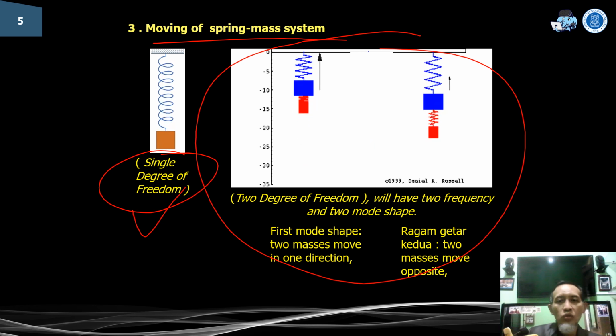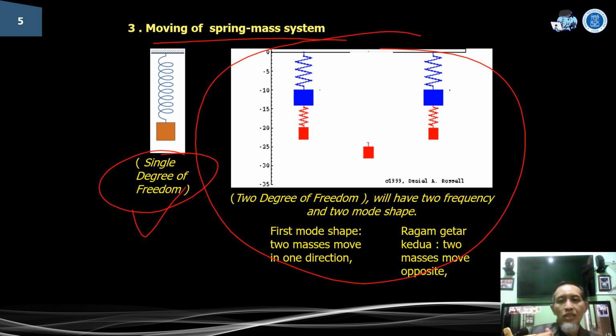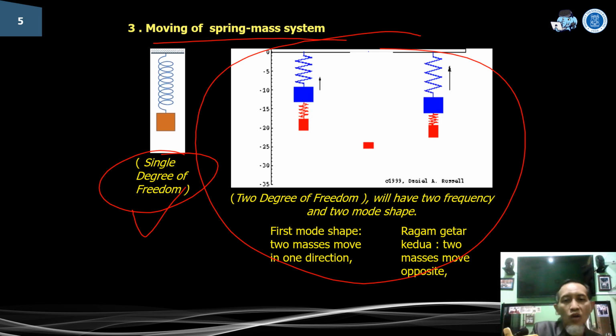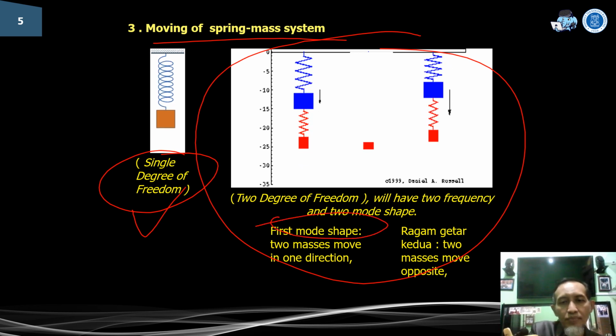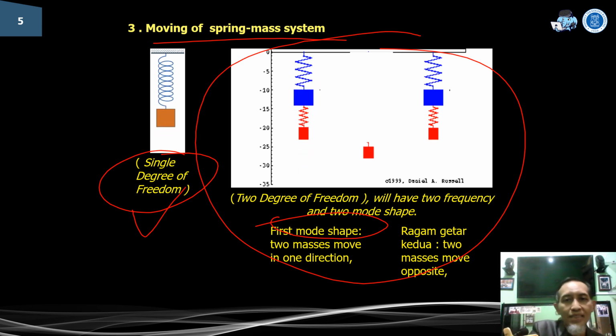But for 2 degree of freedom, we will have 2 frequencies, and we have 2 mode shapes. For the first mode shape, 2 masses move in one direction, like this one.